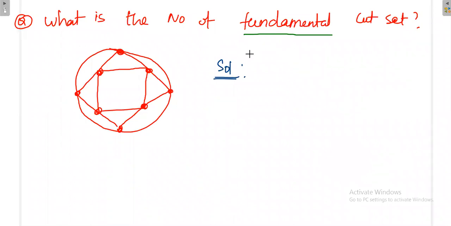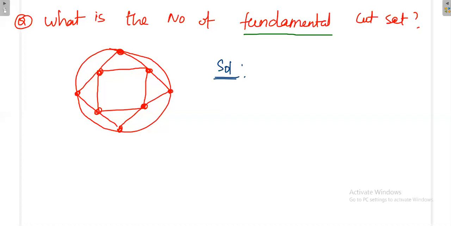Actually, we form a tree based on this graph. From the tree, we remove one tree branch at a time, and that forms one cut set at a time. So the number of fundamental cut sets is equal to the number of branches in the tree.